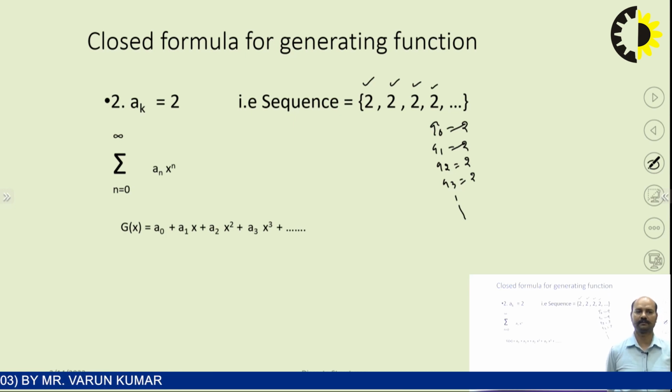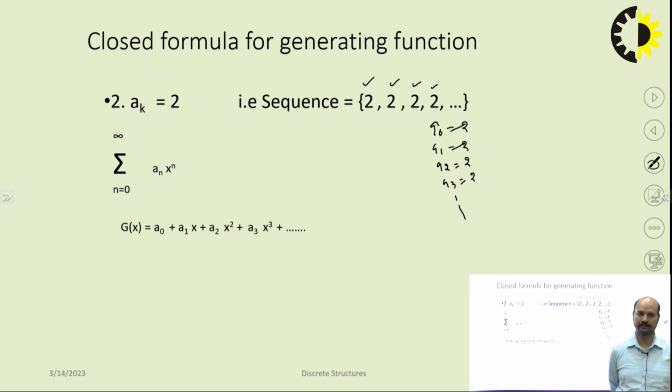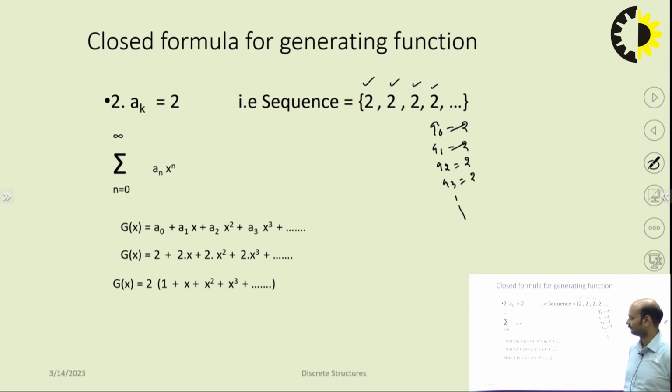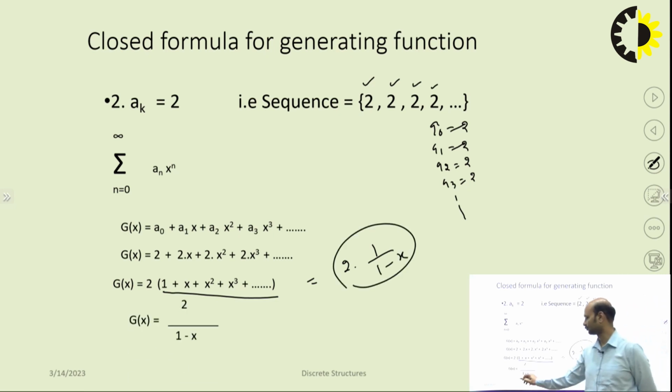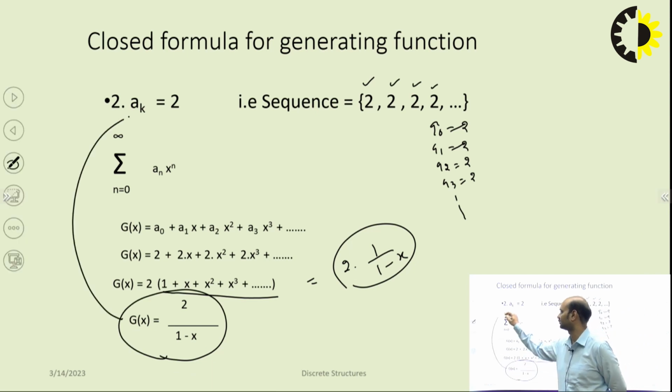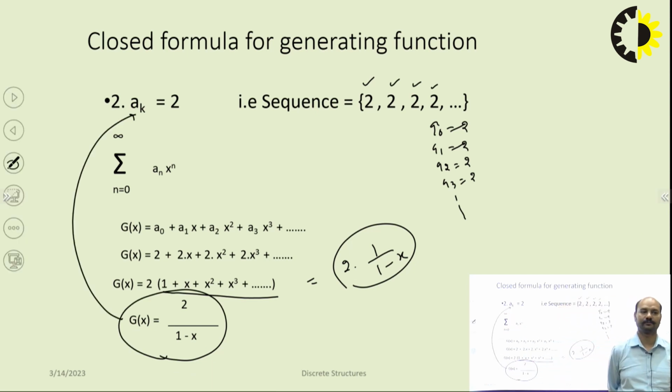We substitute all the coefficient values, and if we take 2 common, we get 1 plus x square plus x to the power 3 up to infinity. We solved this in the previous slide, so it equals 2 times 1 upon 1 minus x. So this is the closed formula if our recurrence relation sequence is ak equal to 2.